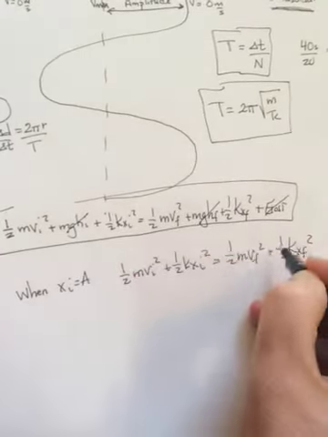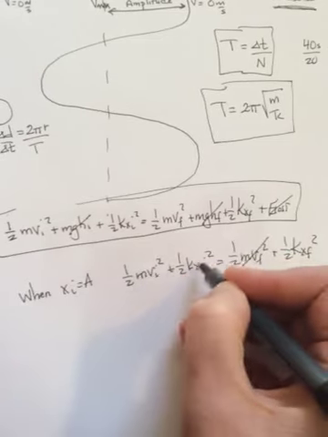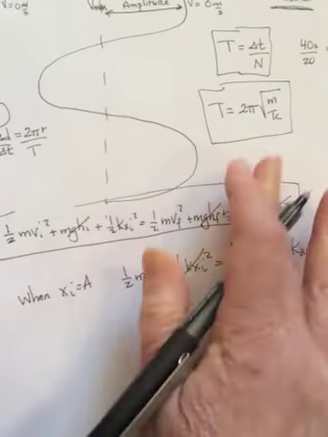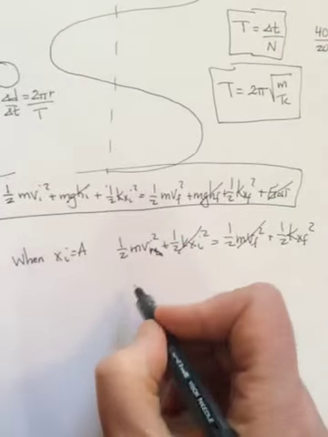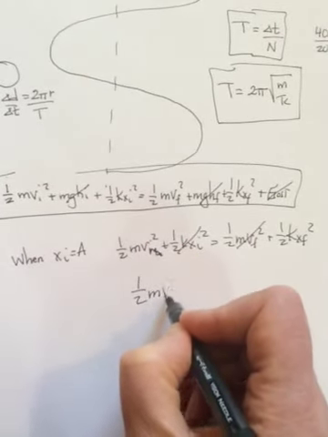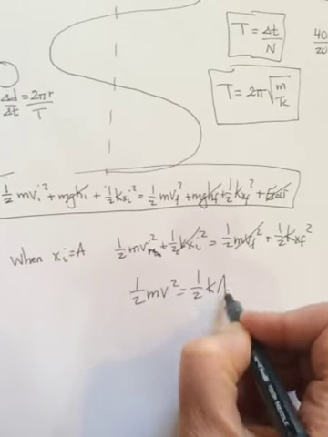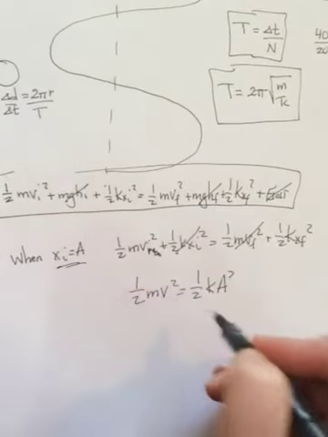So when x is a, this is 0, and if we're talking about the max speed, the x is 0, so we're picking the middle spot there. So we'll have 1/2 m v squared is equal to 1/2 k a squared, because I said x was a.